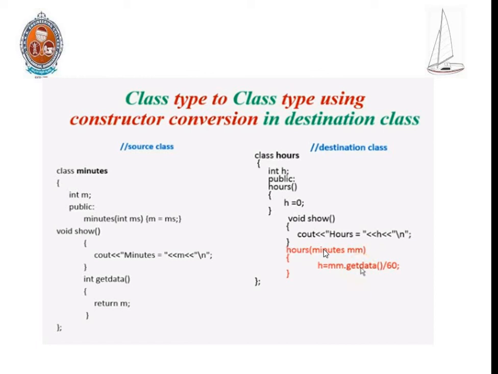In the destination class, we can see we have created a constructor which will take the source class object as a parameter. It will use the value from the source class and convert it into minutes, that is divided by 60, and get converted into hours.